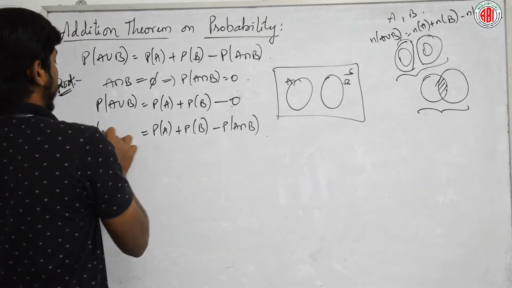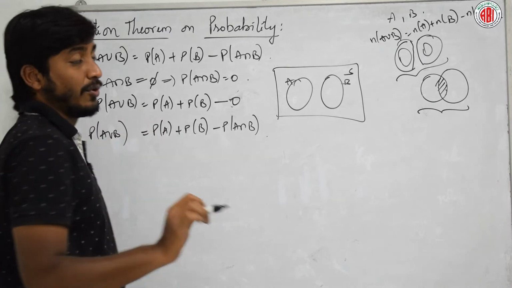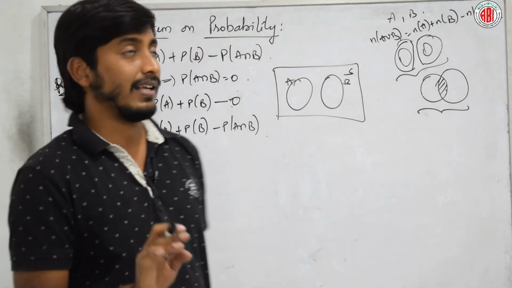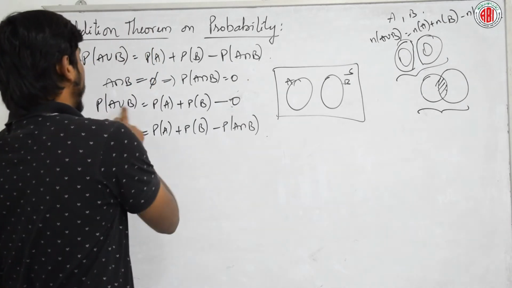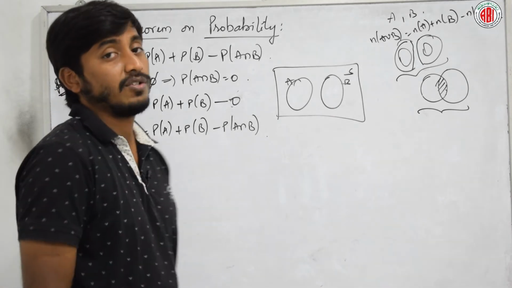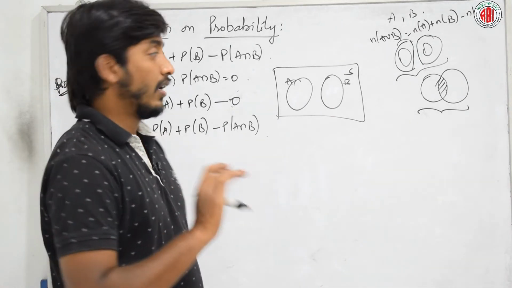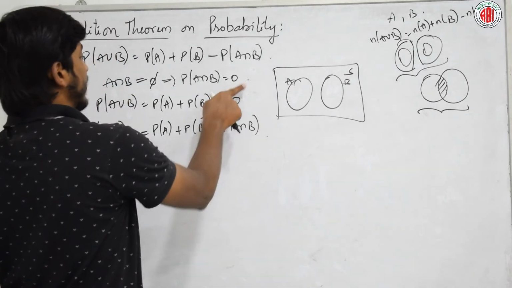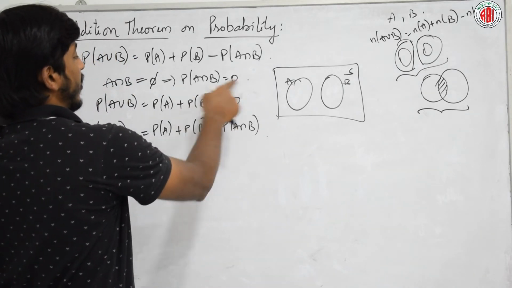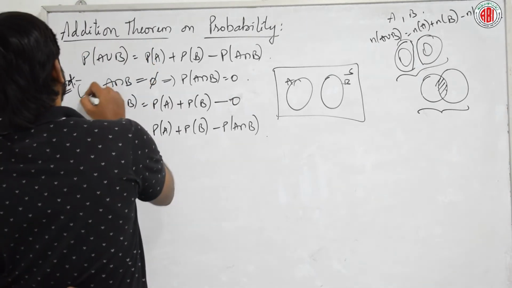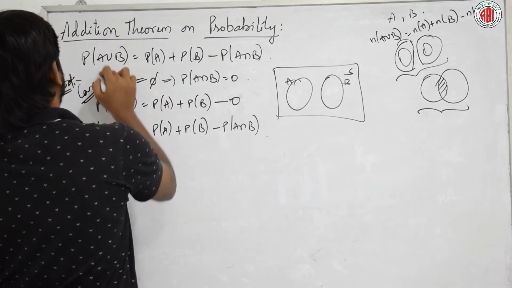Right, that's it. This is a simple theorem. You need not go into deep mathematical analysis of that. It is just a theoretical statement. P of A union B is nothing but P of A plus P of B, because there is no subtraction, or no common part. So I will just write minus 0, where 0 is nothing but P of A intersection B. Let us say this is case 1.